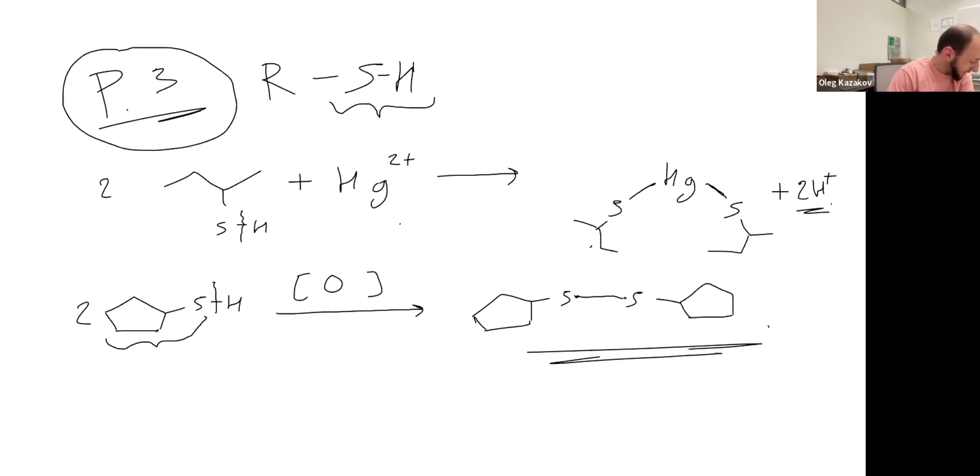All right, now let's have a look at the reverse reaction, right? The reverse of oxidation is going to be a reduction process. I'm going to erase everything, and we're moving on to this reaction, which looks like that. So we have a sulfur bridge, the disulfide.